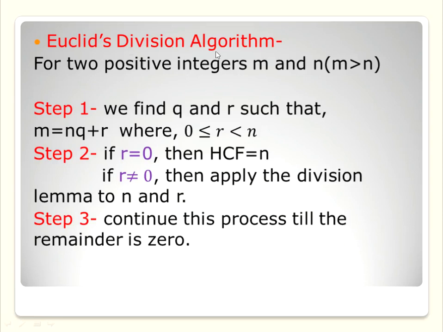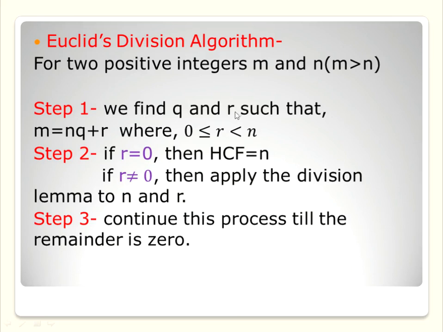Euclid's division algorithm. It is a technique to compute HCF or highest common factor of two given positive integers. Euclid's division algorithm to obtain the HCF of two positive integers, say m and n, with m greater than n is: step 1.